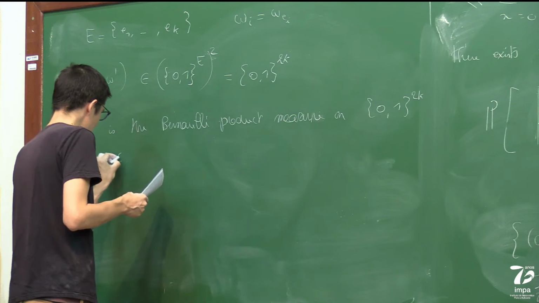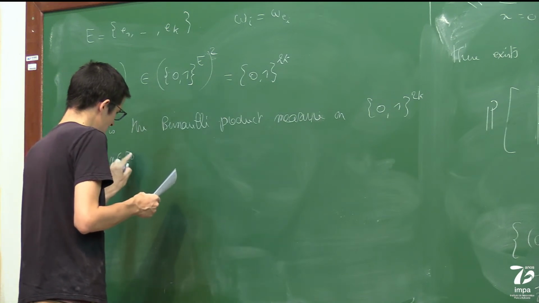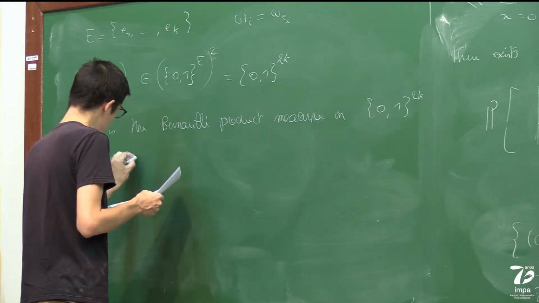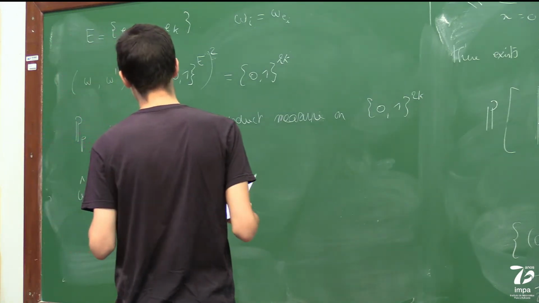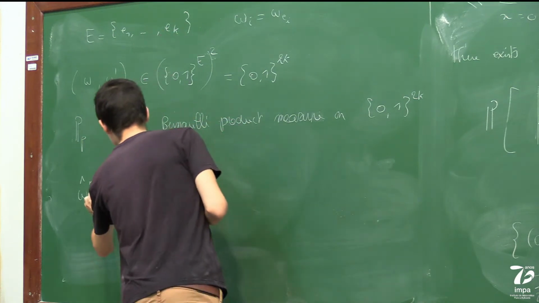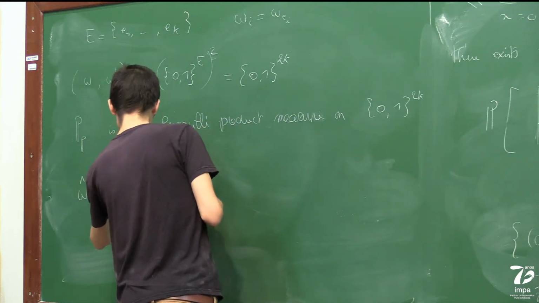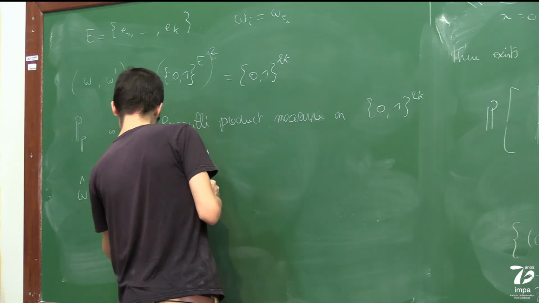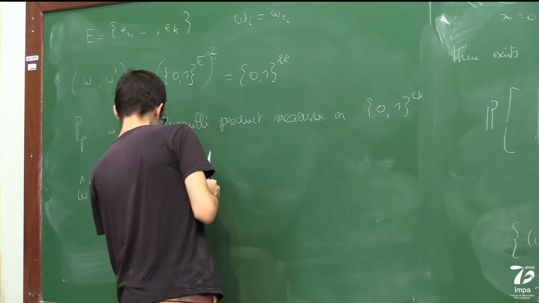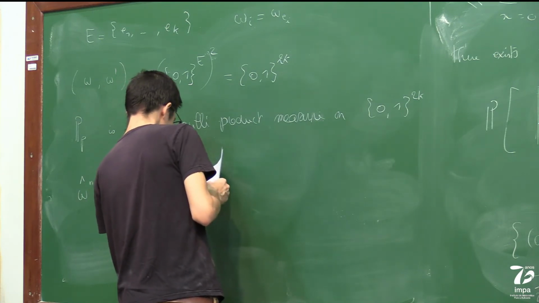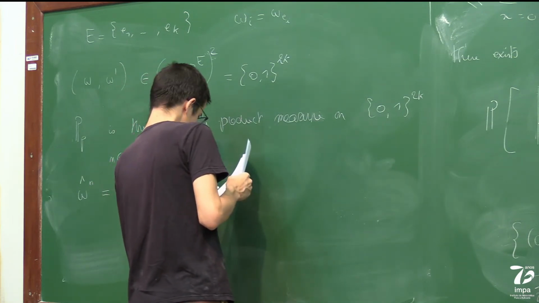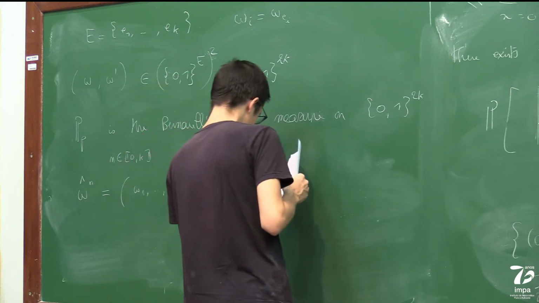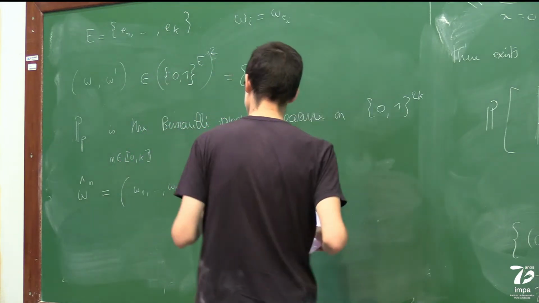So for n in 0 to k, what I'm going to define is omega hat n, which is just the environment omega 1, ..., omega n, omega prime n plus 1, ..., omega prime k.